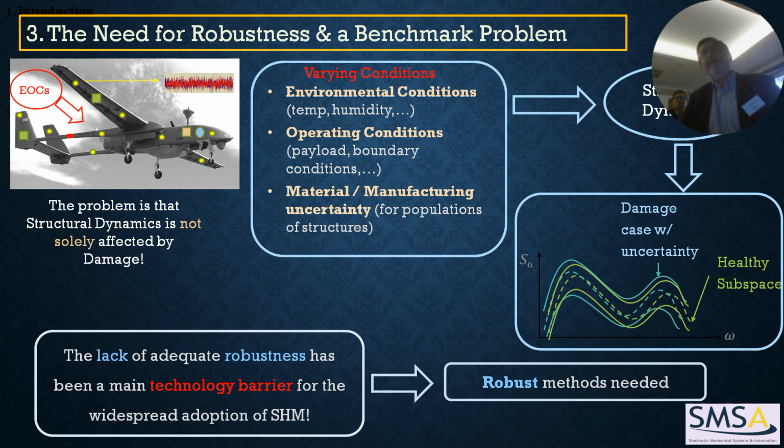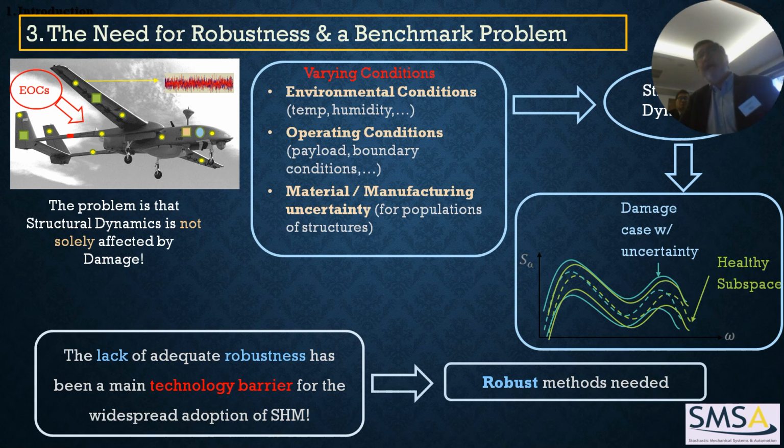The reason that we're getting false alarms in this case is that if you look at, let's say, the spectral characteristics, which is the spectrum here versus frequency, okay? So we're looking essentially at the dynamical characteristics in the frequency domain. Under the healthy state, you have a zone, because of uncertainty, where your characteristics should lie, okay? And it is not a curve, it's because of uncertainty, you have a zone.